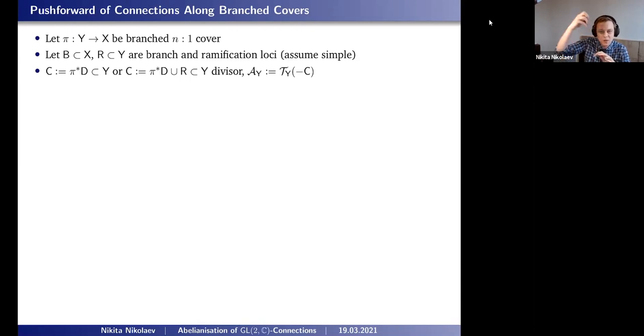So I'm carrying with me all the multiplicities. So that's this guy. I could also include the ramification locus. Actually, I will have to include the ramification locus to it. So anyway, let me consider this Lie algebroid, which is vector fields on Y vanishing along this effective divisor.